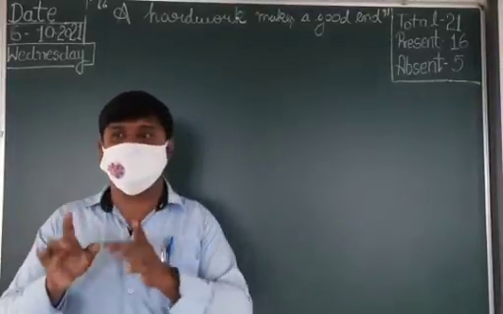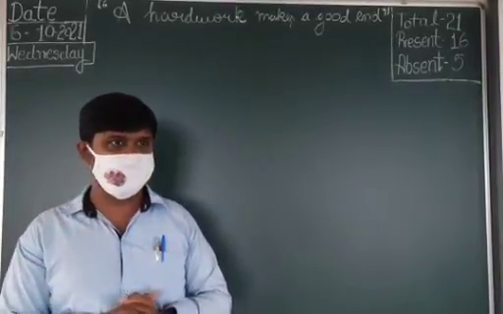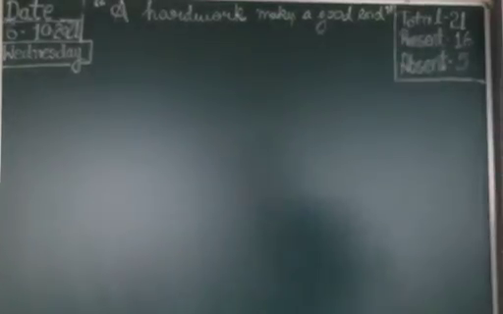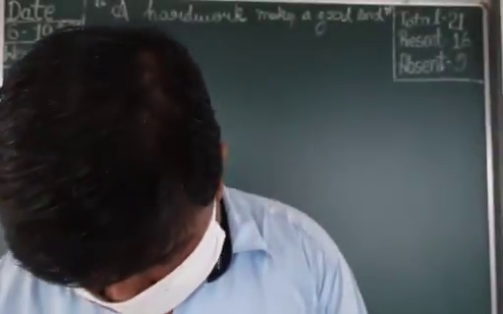Clear now? That is under the fluctuating method. Got clear now? So we can see what the items are there.